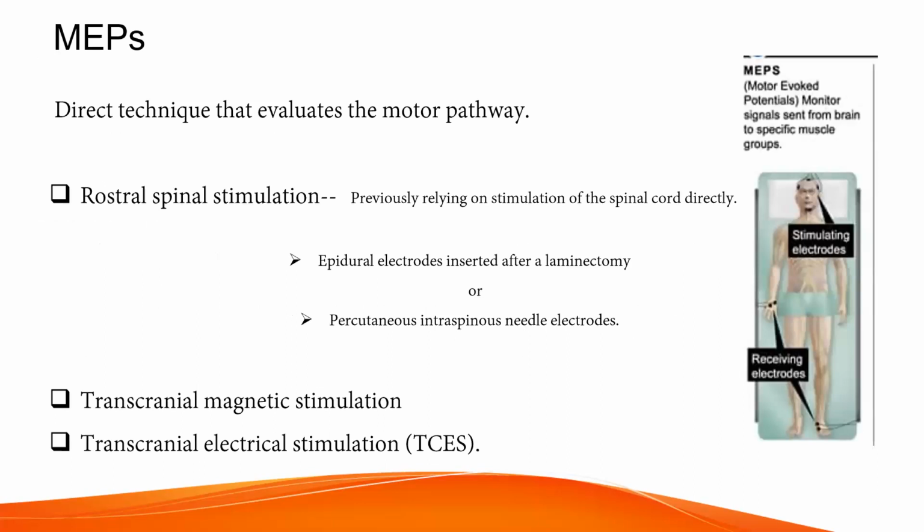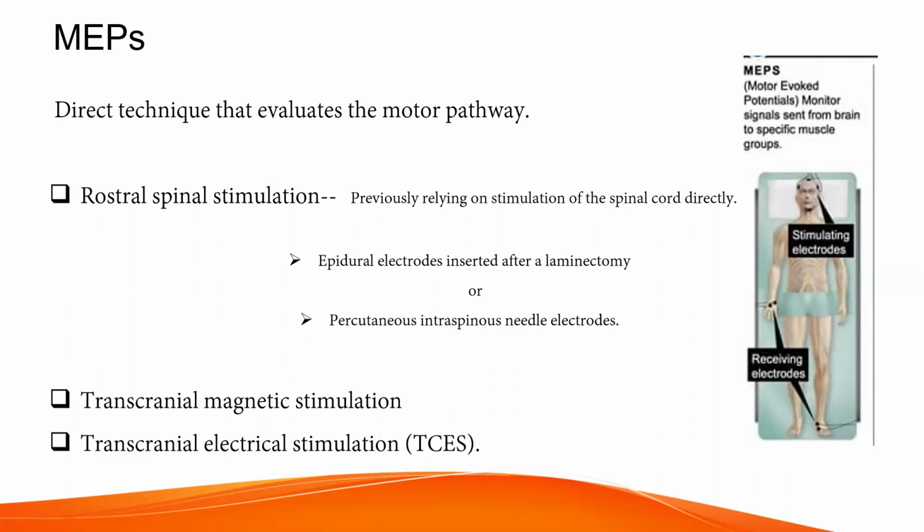So MEP, motor evoked potential, is when it is stimulated cranially and the response is elicited distally. Based on the stimulation, there are mainly two types, that is rostral stimulation and transcranial stimulation. In rostral, it can be stimulated epidurally using an epidural electrode inserted after laminectomy, or a percutaneously placed intraspinous needle electrode.